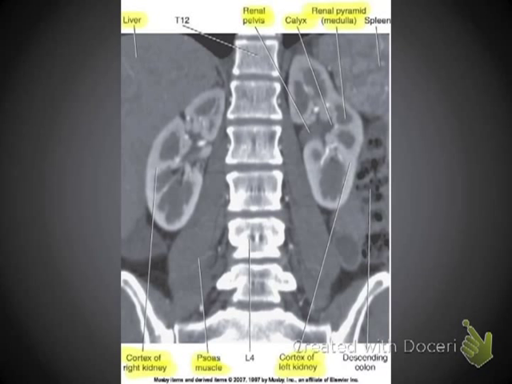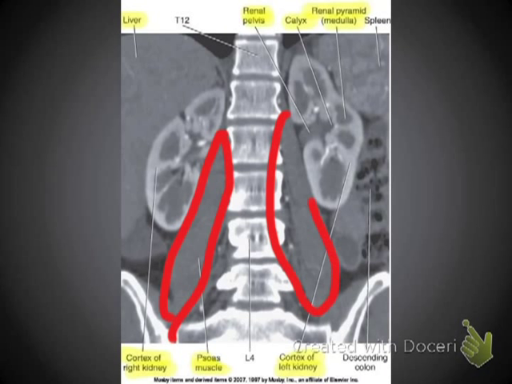We don't really see the adrenal gland, but one thing I want you to take notice here is the psoas muscle, which is here. On the coronal images, it really doesn't display very well, but we do have the psoas muscles on the axial images to use as a reference, and they are an excellent reference point.